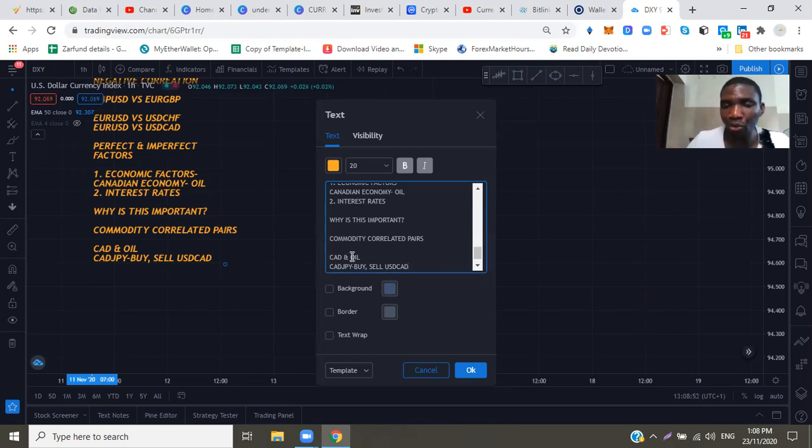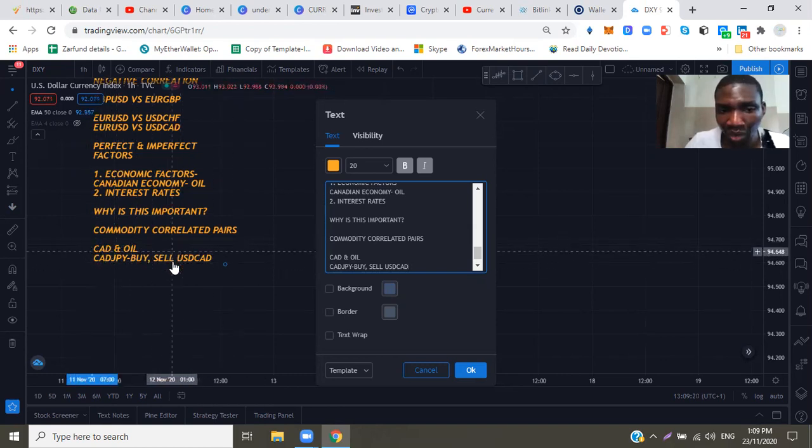So whenever you see that oil is doing well, which means oil price is appreciating, you already know that the Canadian currency is going to be appreciating as well. So what you do is you come and you buy CAD JPY. Because CAD, look at this CAD here, will definitely have a positive correlation with oil.